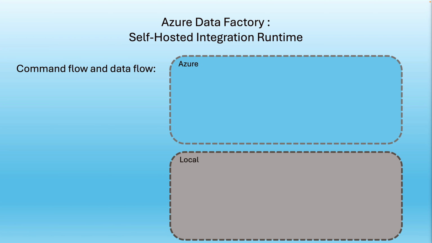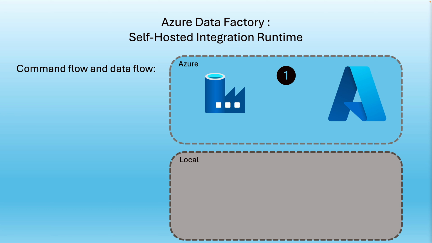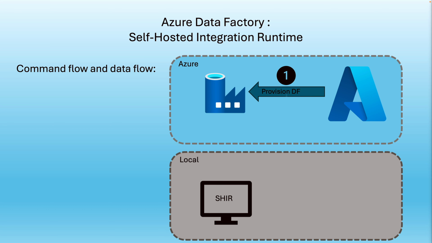In the first step, a data developer creates a self-hosted integration runtime within Azure Data Factory by using the Azure portal or PowerShell cmdlet. Then the data developer creates a linked service for an on-premises data store, specifying the self-hosted integration runtime instance that the service should use to connect to the data store.